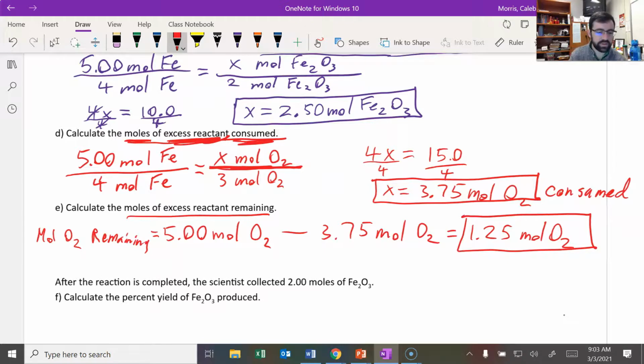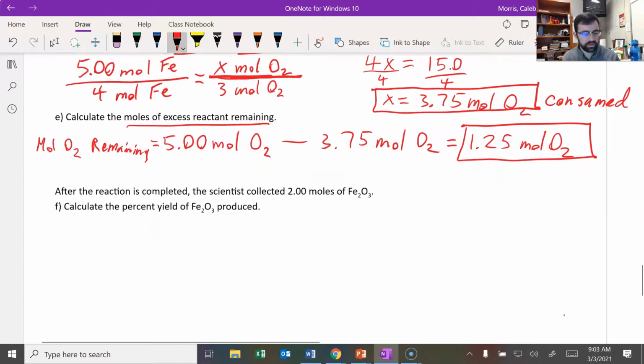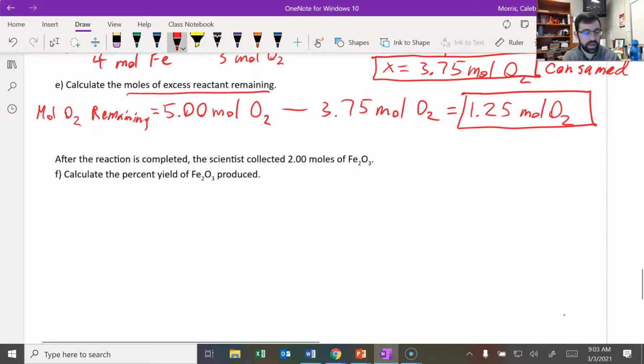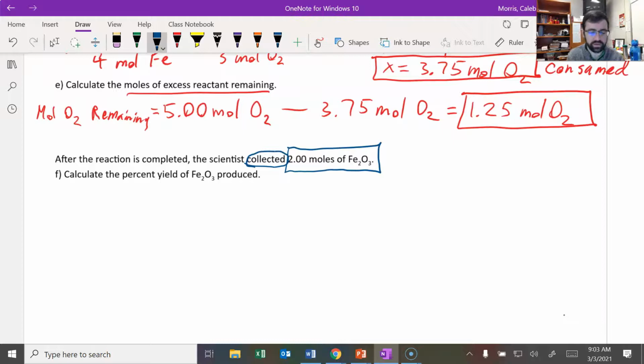After the reaction is complete, so this is another part of our problem, the scientist collected, so it sounds like a real experiment, he collected 2.00 moles of Fe2O3. This sounds real. This is my actual yield.